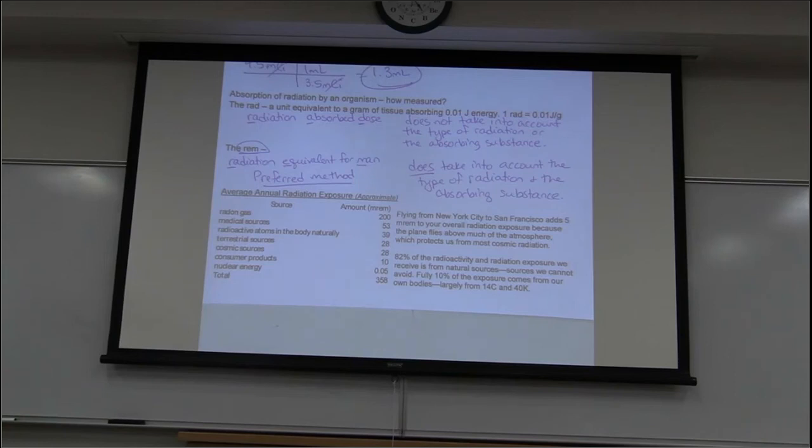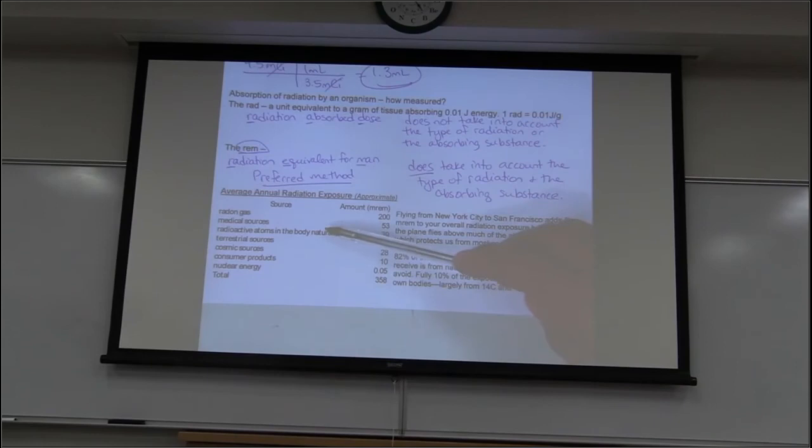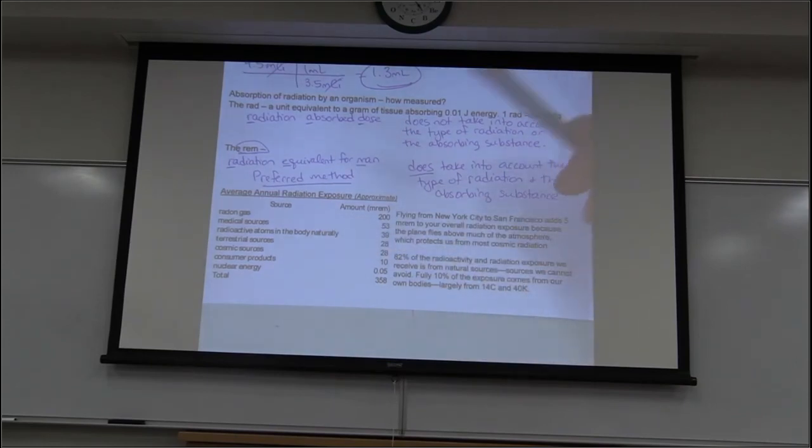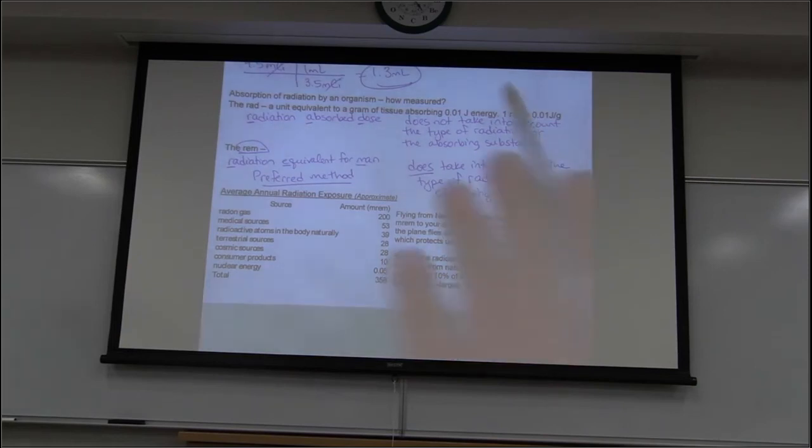All of us are exposed to it, though, and that's where a large amount of our annual exposure comes from, is from radon. Now, I don't know in Warren County if it's higher than the 200 that we're exposed to. I don't have a clue. Medical sources are going to be some, and then just the radioactive atoms in the body. You can't get away from that.